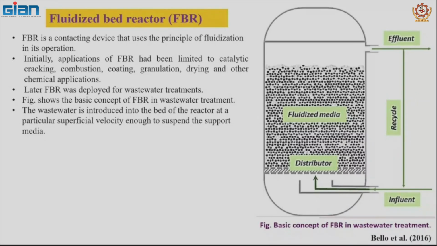As you see in this schematic, the influent, that is the wastewater, is entering through the distributor plate. The distributor plate supports the solid particles on the bed and does not allow the solid particles to fall below. So it is a porous grid through which the influent is entering the bed, and with a sufficient superficial velocity the particles get suspended.